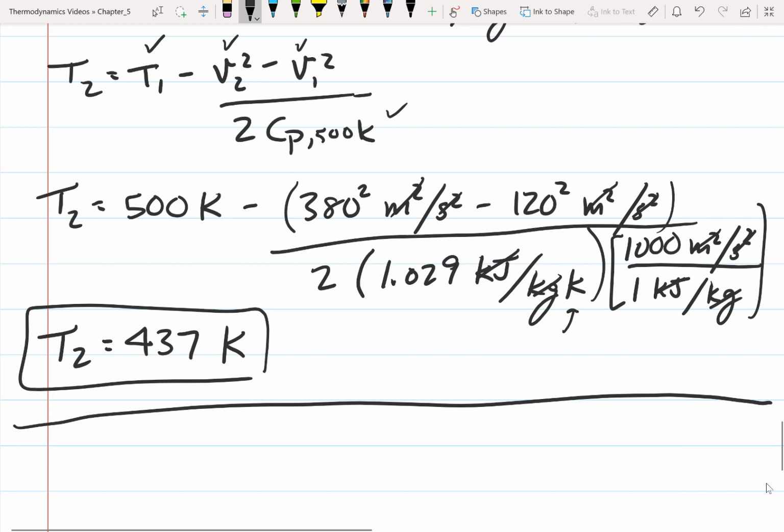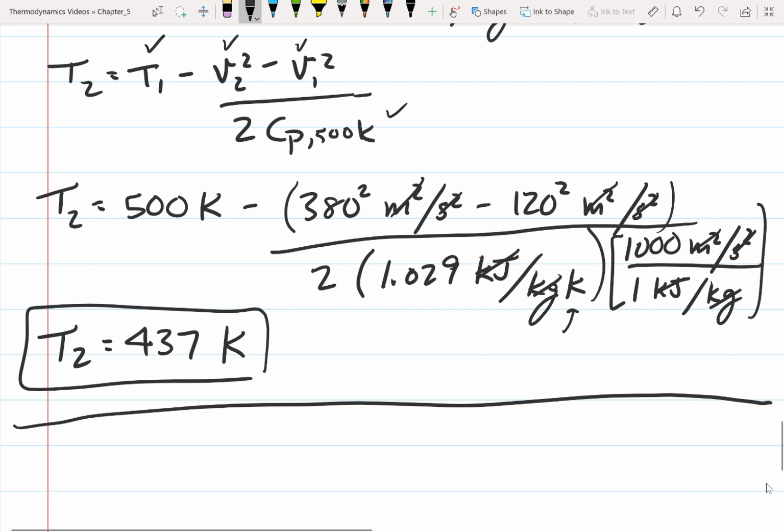But if you're working with a gas that you don't have tables available, then you would just have to assume a specific heat and make some sort of assumption about the temperature that you're going to use to look up your specific heat. So that's why I wanted to show you both ways, even though you can just look the data up on tables for this problem.